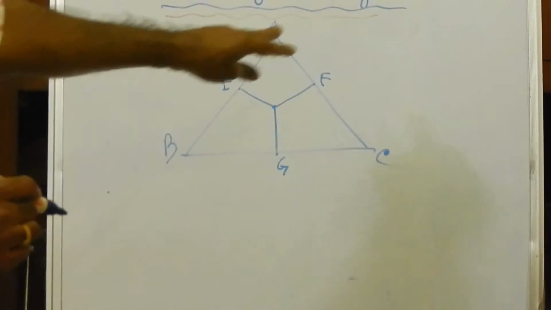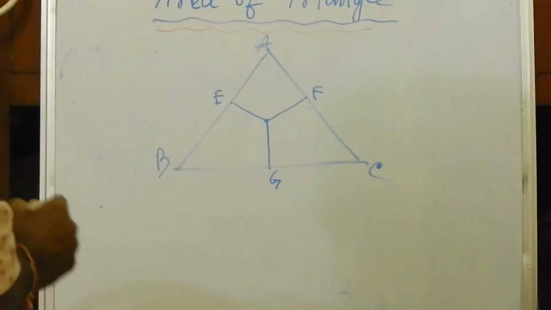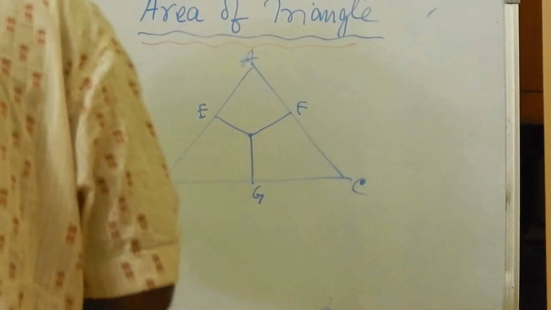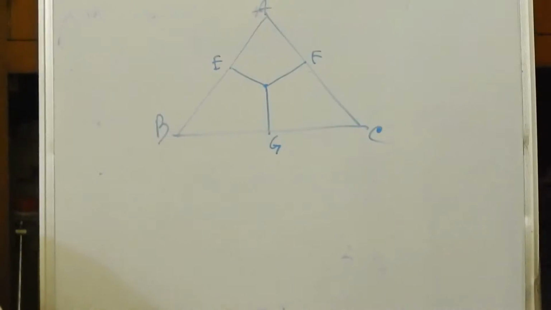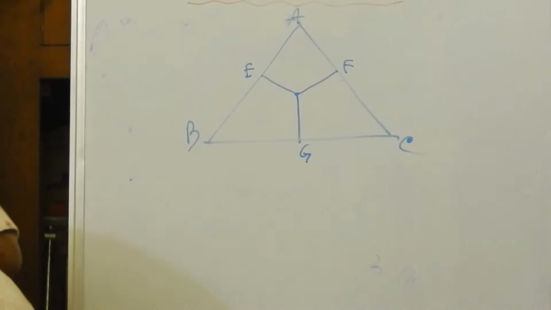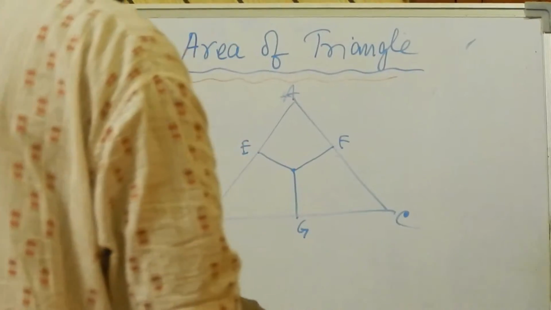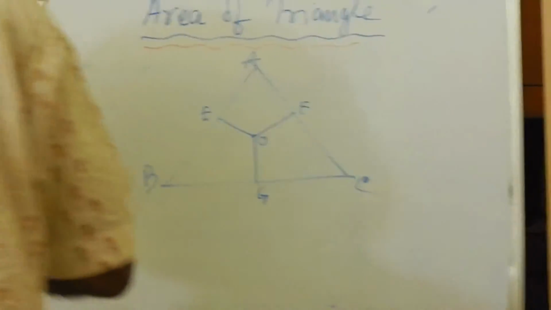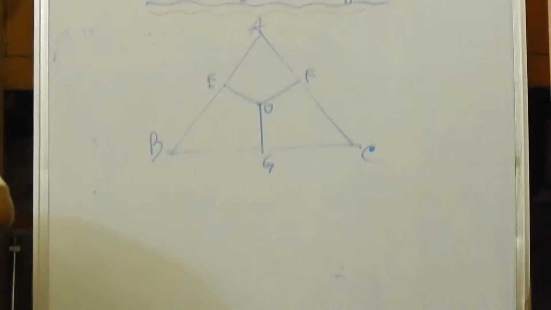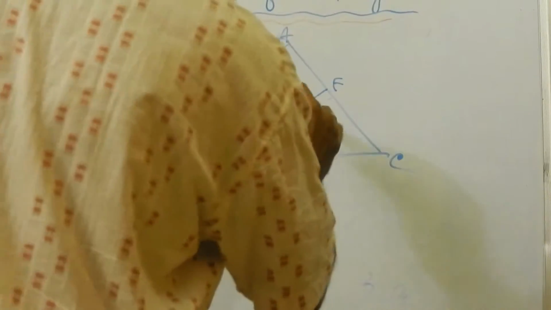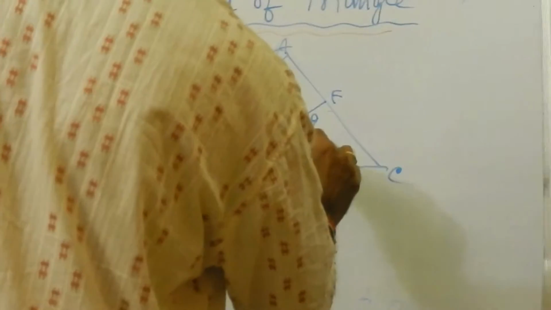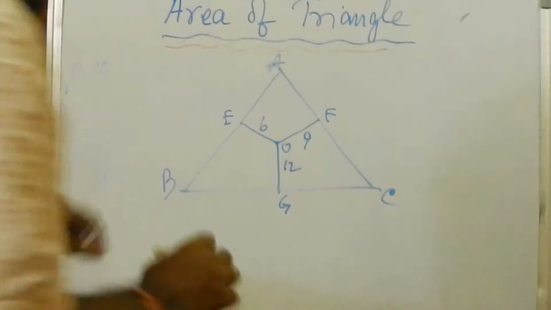Three perpendiculars are drawn on the opposite sides, and what we require to find out is the perimeter of the triangle, and what is given here is the length of these perpendiculars, and they are 6, 9 and 12 centimeters.